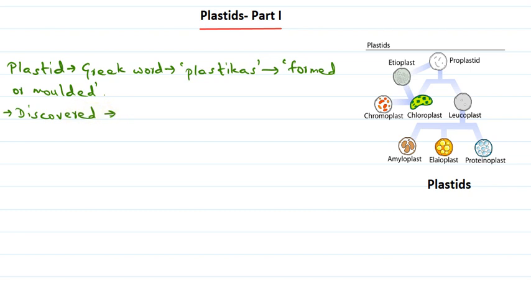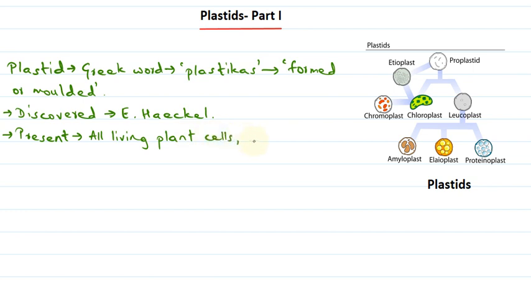Plastids were discovered by the scientist Ernst Haeckel. Where are they present? Plastids are present in all the living plant cells and in euglena.